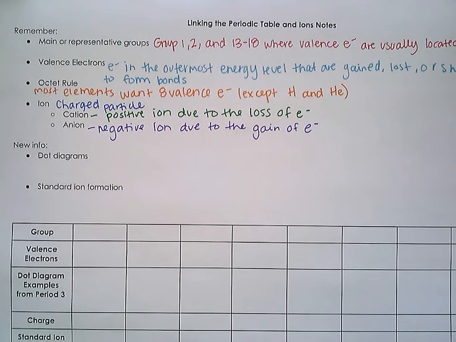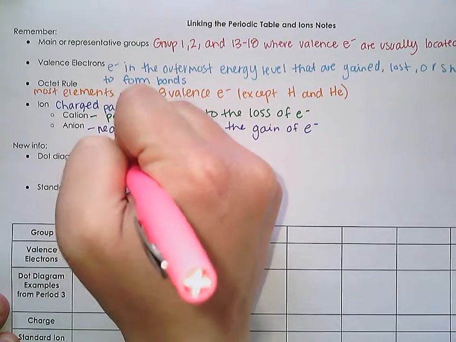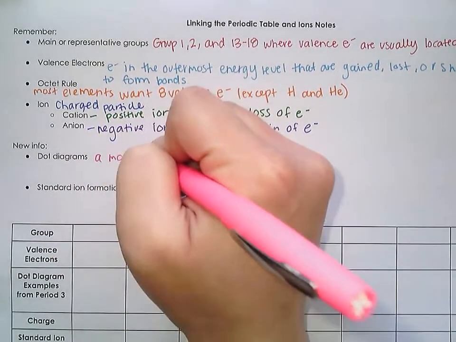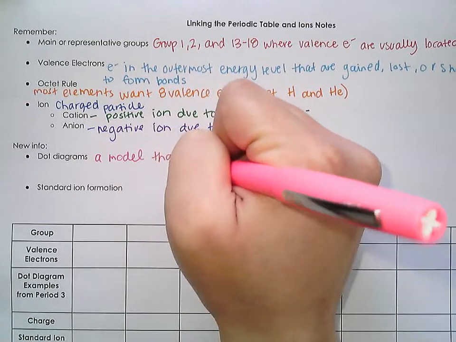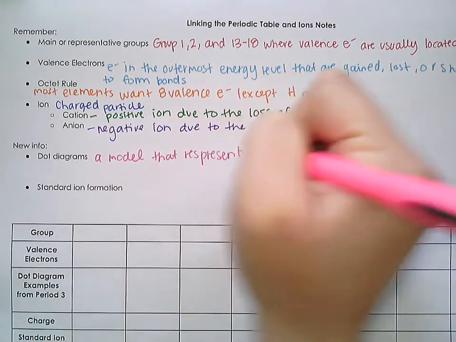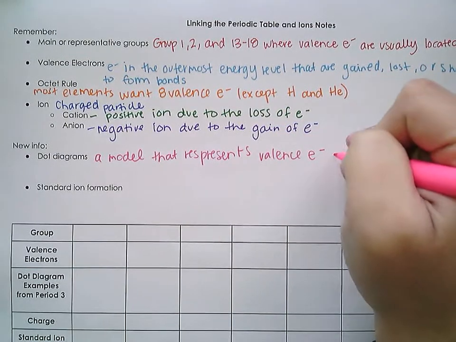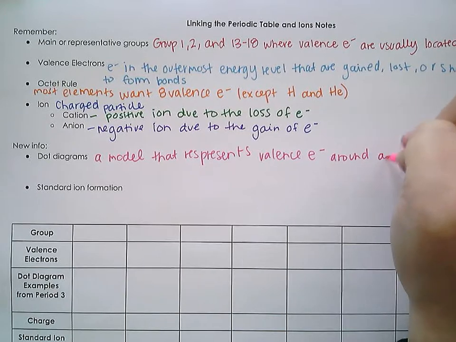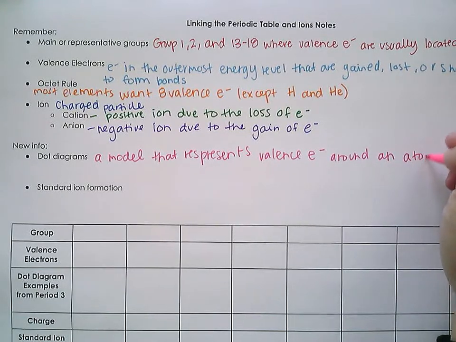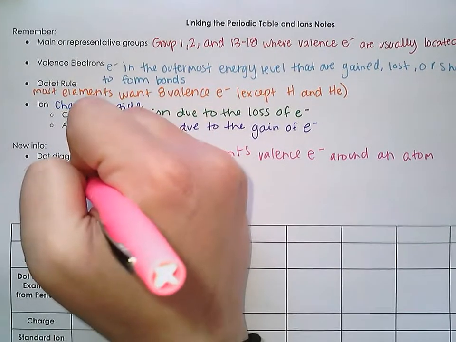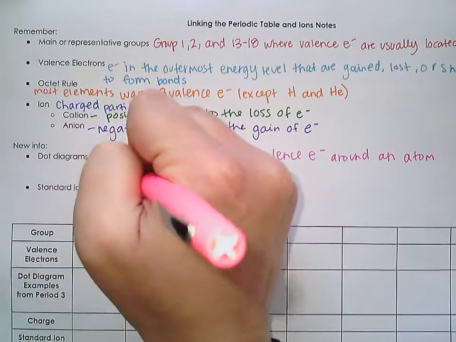So one of the new things that you're going to see is what's called a dot diagram. When you get to chemistry, we'll talk about Lewis structures, and this kind of lends itself into those Lewis structures. But a dot diagram is a model. It's going to give us some visual information, and it represents valence electrons around an atom or an element, whichever one you want to write there, using dots.